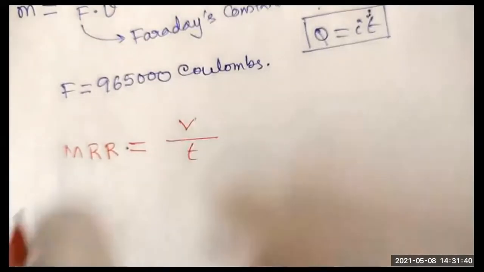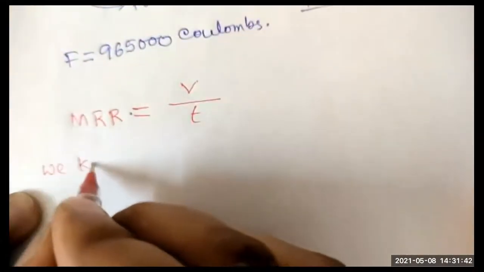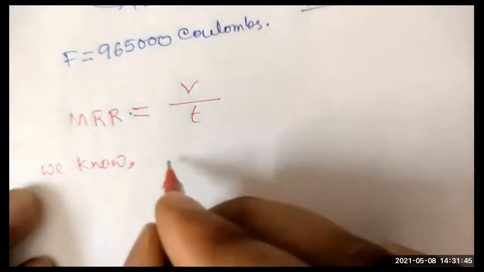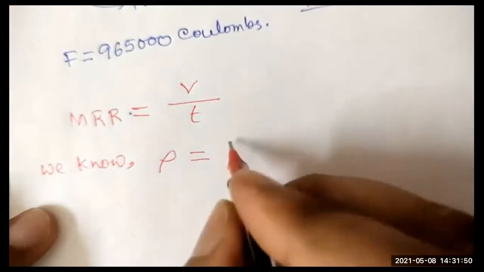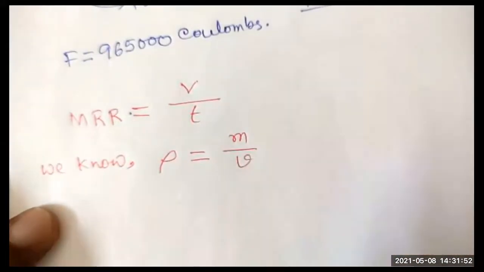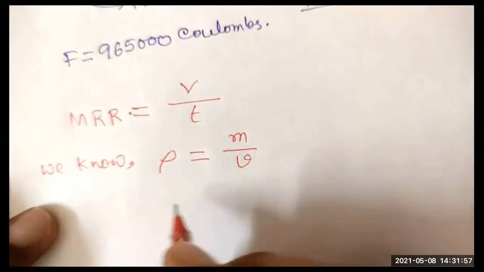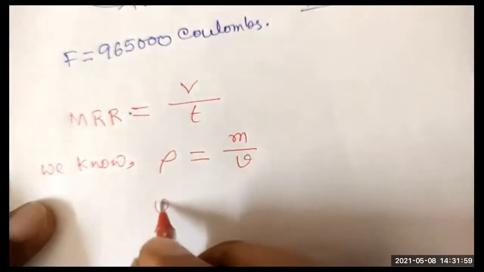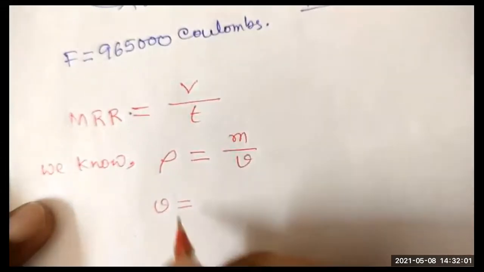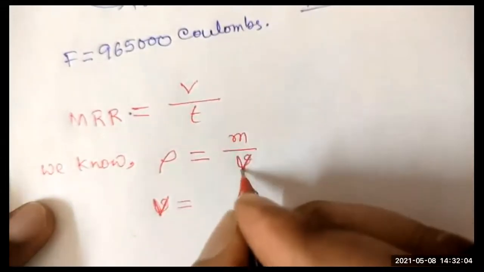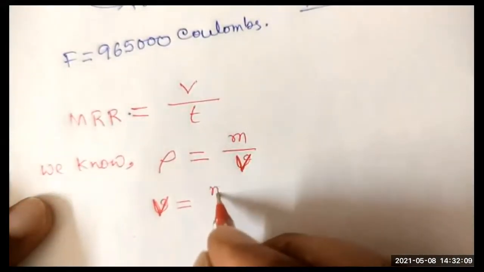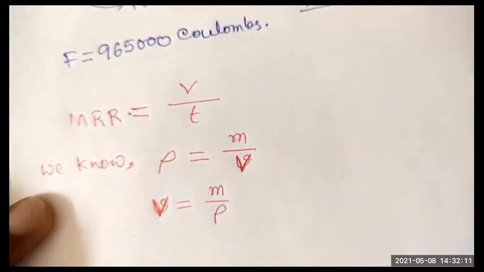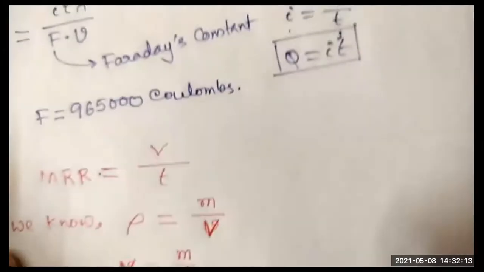Okay. And one thing is known that rho or density is equal to M by V. Or we can write from here the volume V is equal to M by rho. Okay.